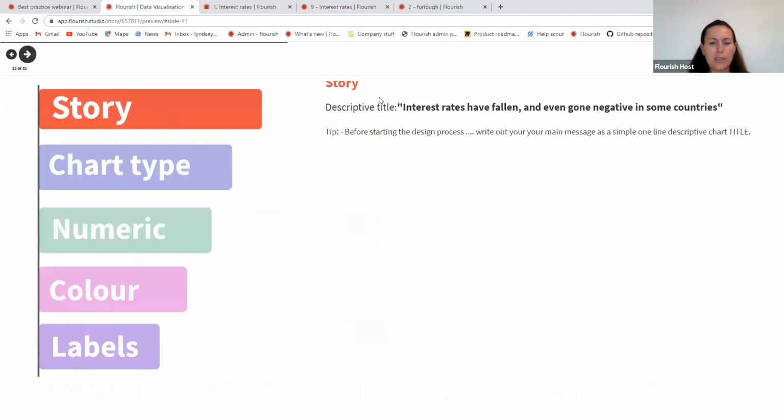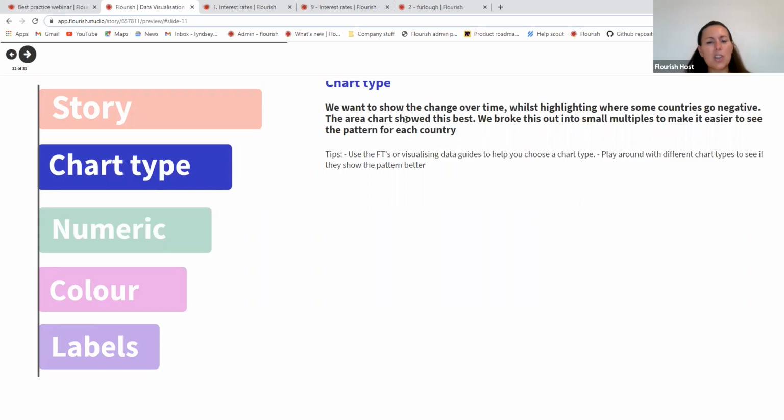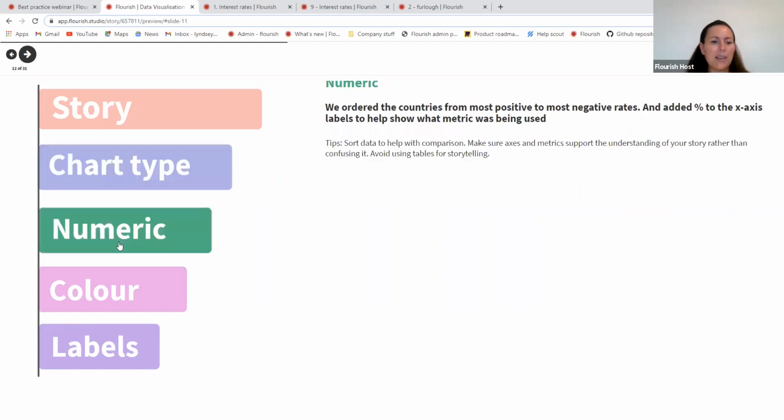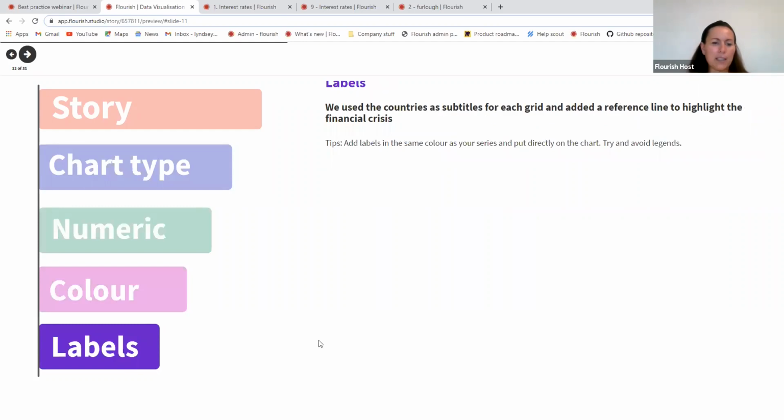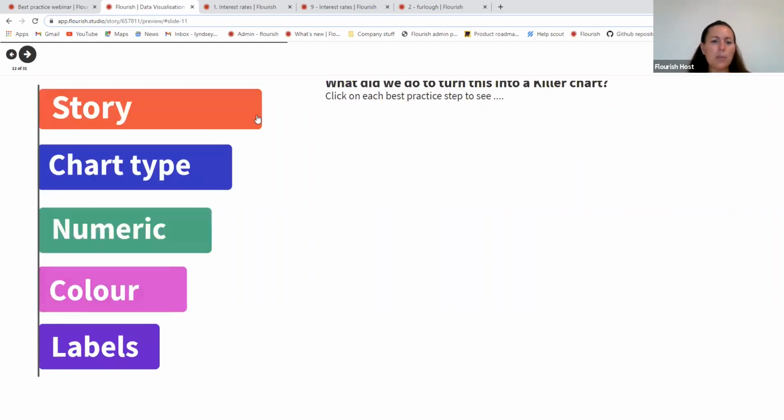So you can click through here and see that we summarized our story in our descriptive title, the chart type decisions we made, the ordering from positive to negative rates, the color choices, and the labeling. So this is just a summary to help you after the webinar, to help you see all the different decisions that were made to get from one state to another.